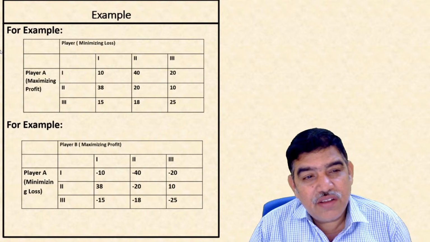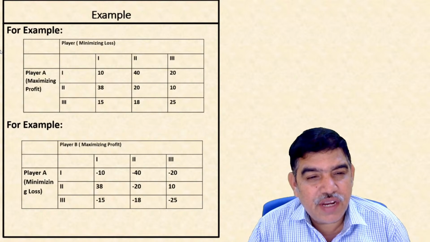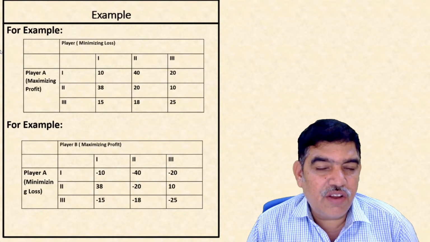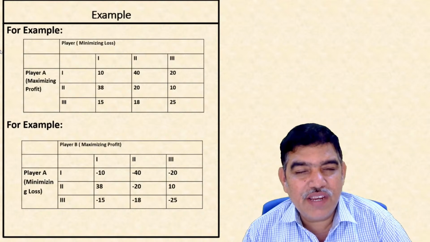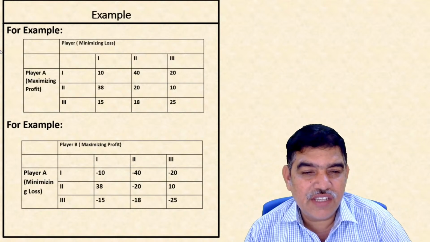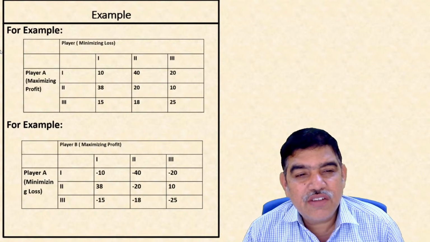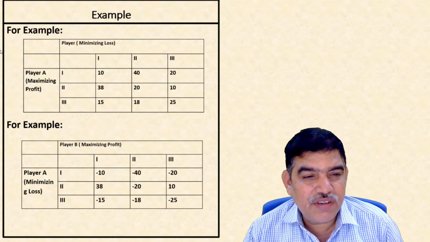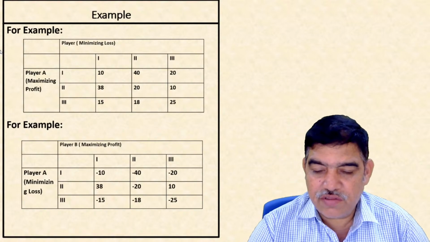In the second example, the same thing: player B is maximizing profit and player A is minimizing loss. When the values in the payoff matrix are negative, we just oppose our action. That means player B tries to maximize the profit and player A minimizes the loss.